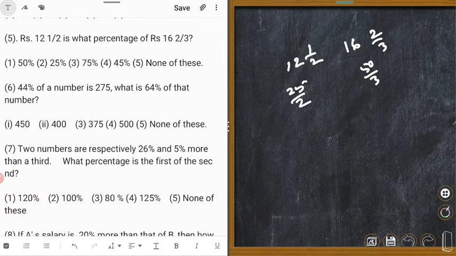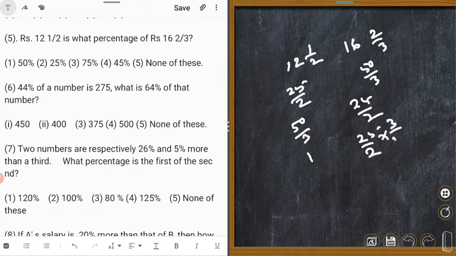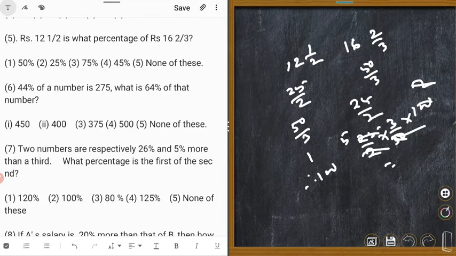When it is 50 upon 3, it is 25 upon 2. When 1, 25 upon 2 into 3 upon 50. When it is 100, the 50 and 2 cancel. How many? 75.